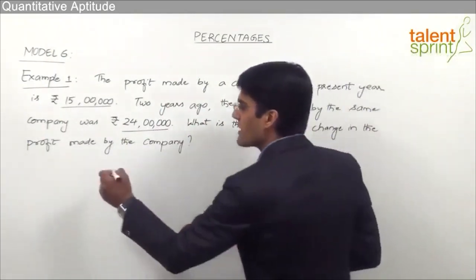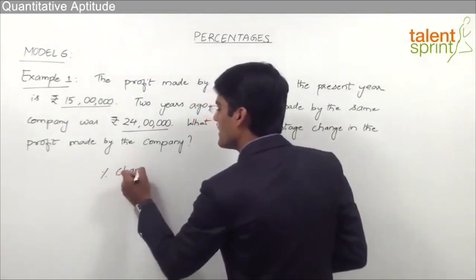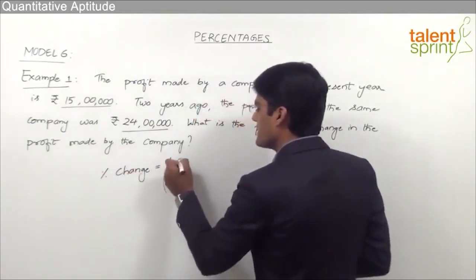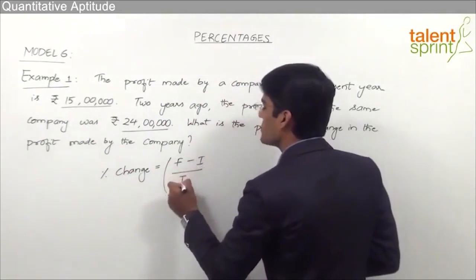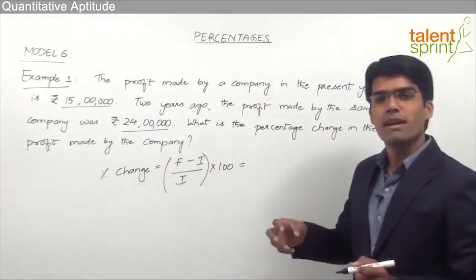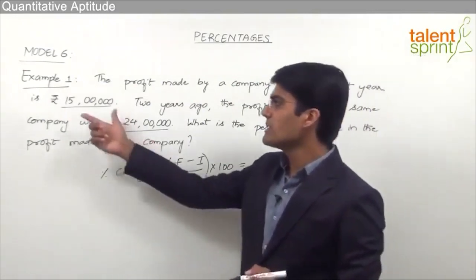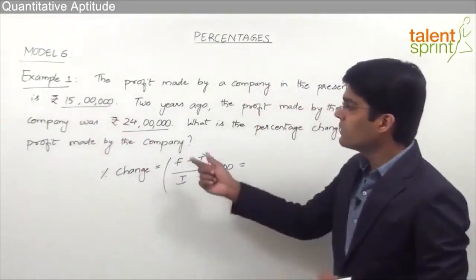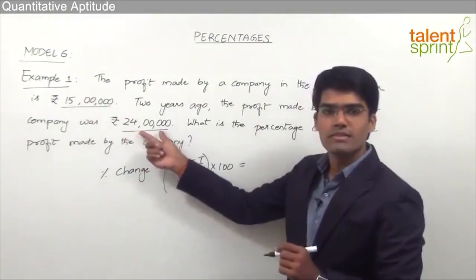Now we know that percentage change is nothing but final value minus the initial value by initial value into 100. Now in the given question, the final value is nothing but the present profit, which is rupees 15 lakhs. And the initial value is the profit 2 years ago, that is 24 lakhs.